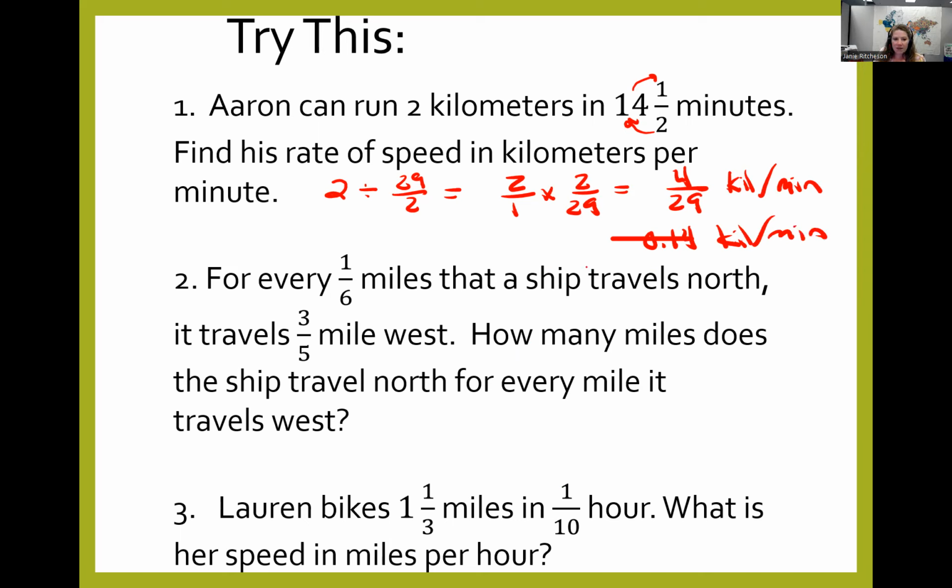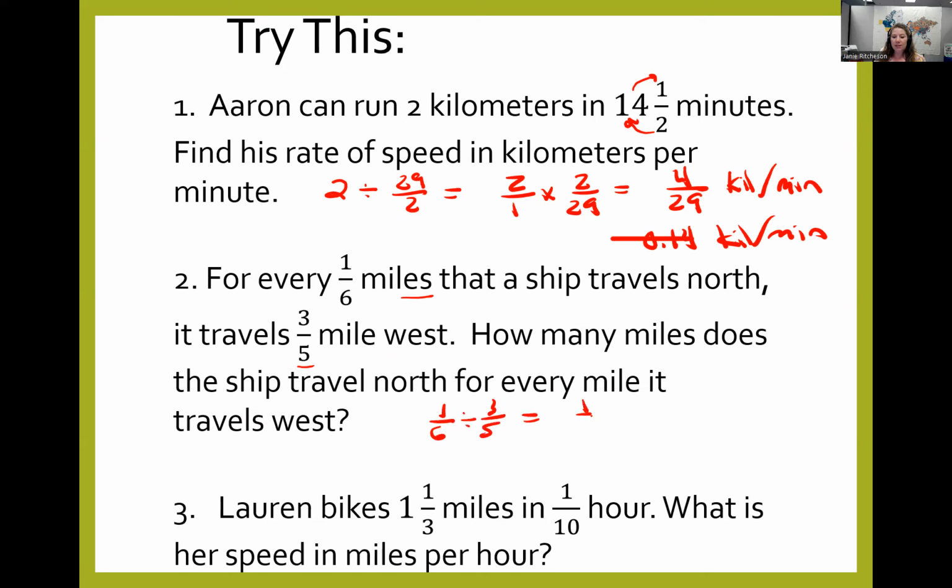0.14. For every 1/6 of a mile that a ship travels north, it travels 3/5 of a mile west. How many miles does the ship travel north for every mile it travels west? So north per west. 1/6 divided by 3/5.